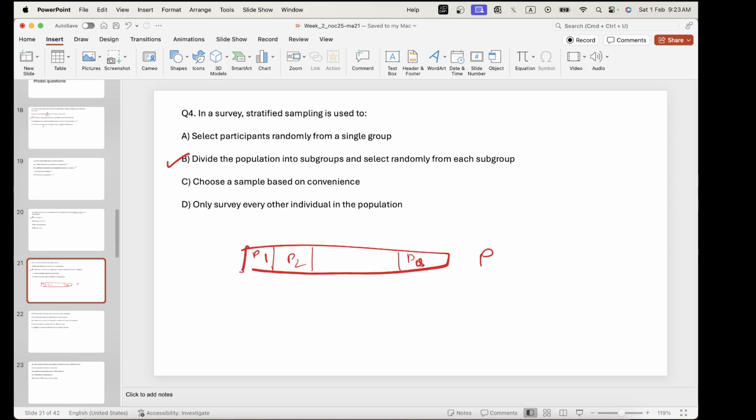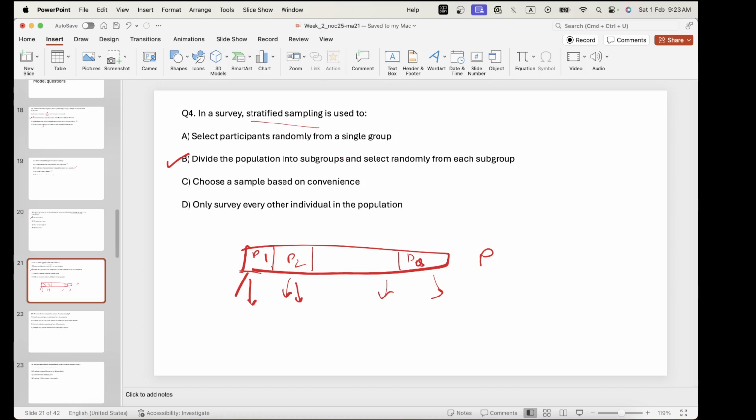So if we just divide this population, stratify it into Q parts and then select randomly from each of these parts, it could be following some probabilistic measures or something. Mostly it's selected randomly from each of these groups. Then we say that this is actually stratified sampling.